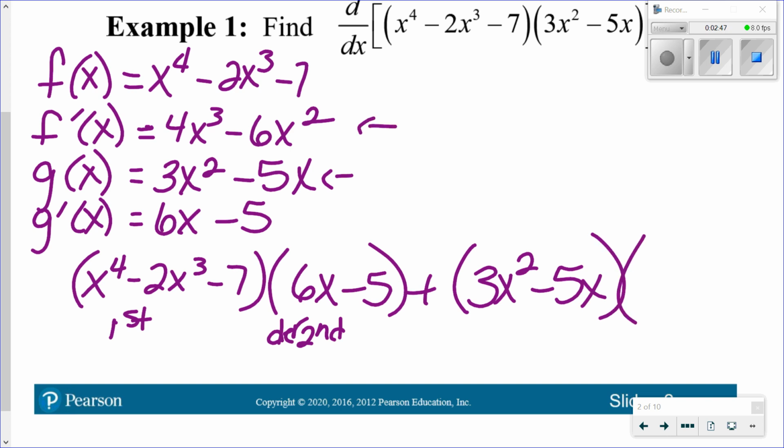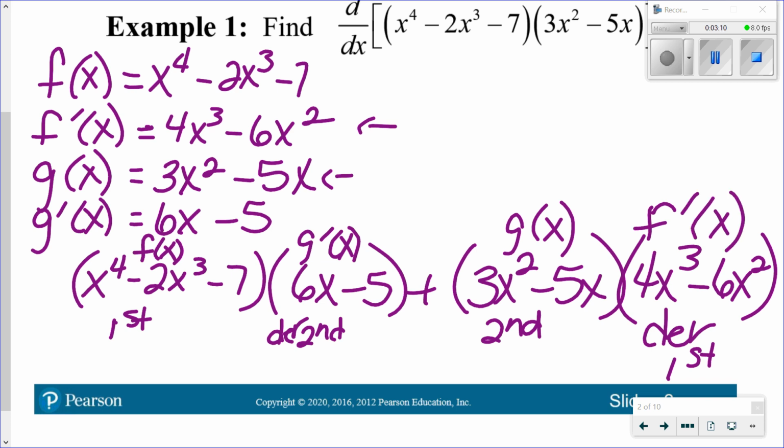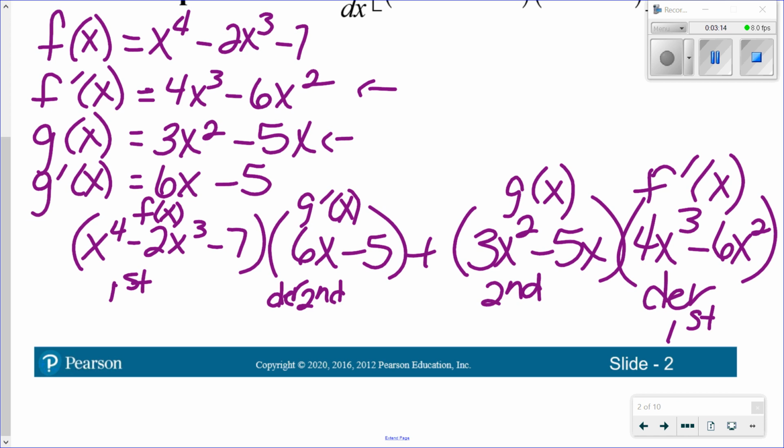And here's your derivative of the first, which is 4x cubed minus 6x squared. We can label these this way. This was f of x, g prime of x, g of x, and f prime of x. Okay? All right. That only gets you half credit, though.